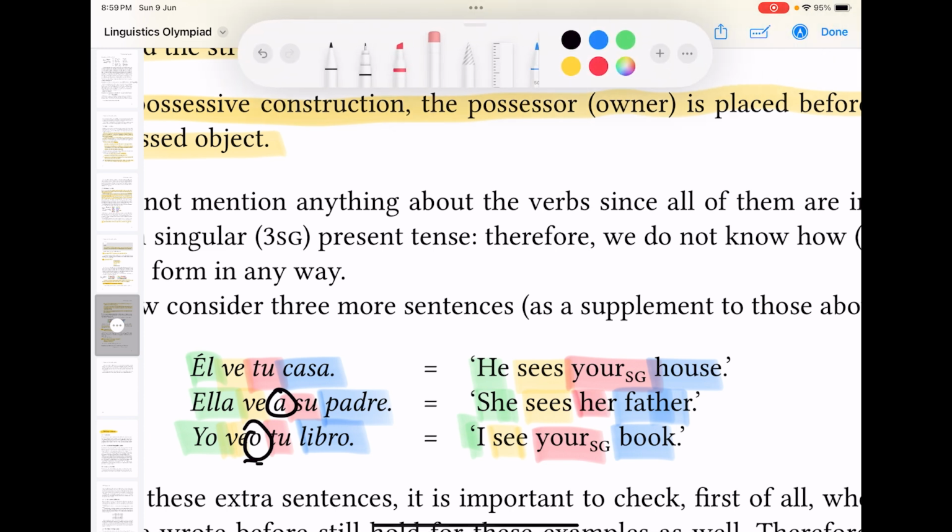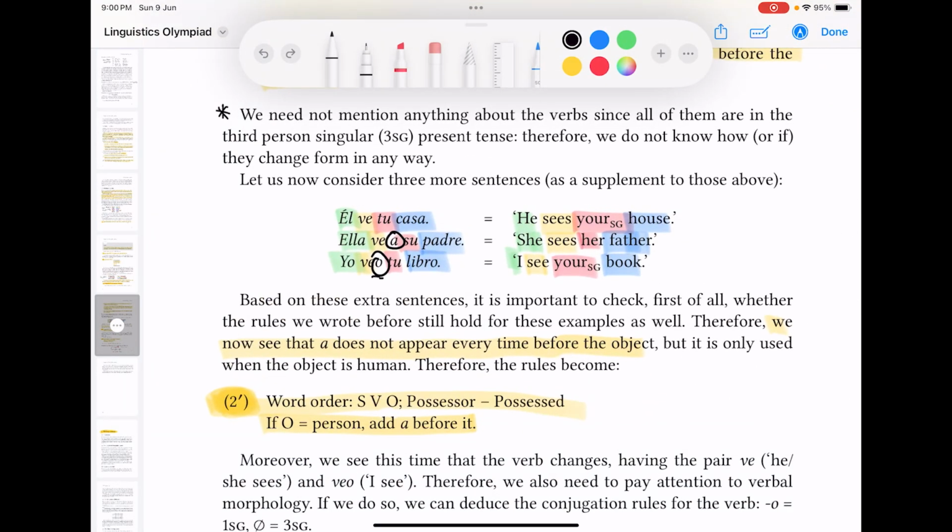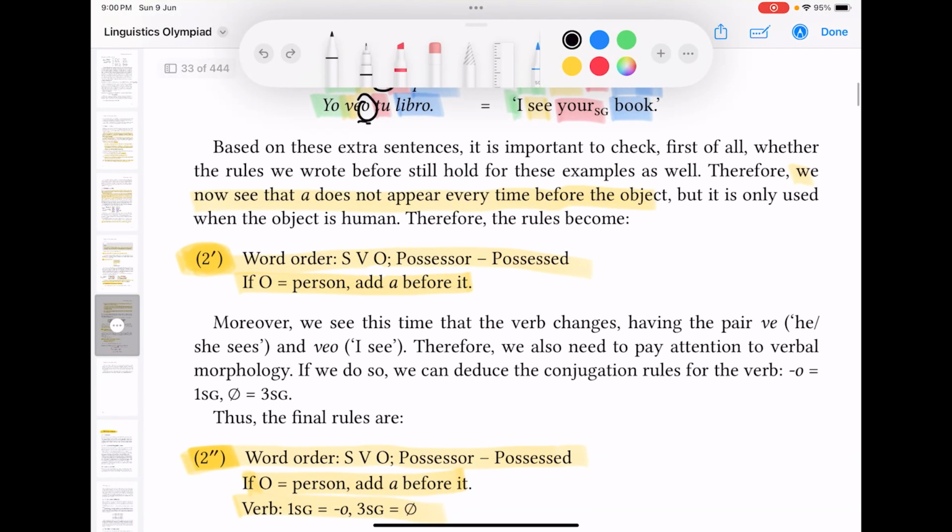Once again, it's a circle with a stick in between. This is the null morpheme. So as we write the rules for this, if SVO possessed, we remove the particle a, and again if O is equal to person, add a before it, and the final rules are the same as before: verb first singular prefix o, and third singular null morpheme.